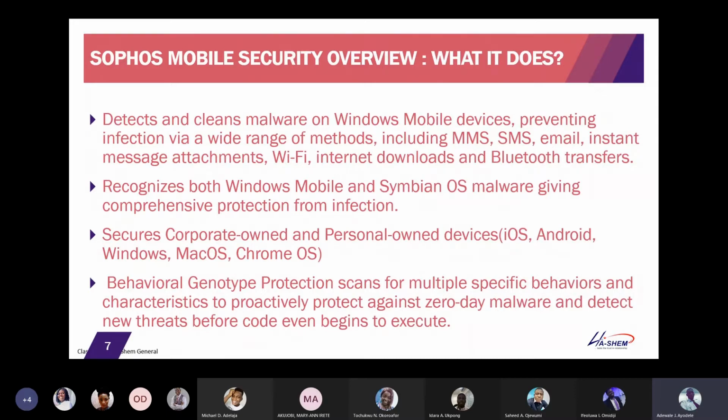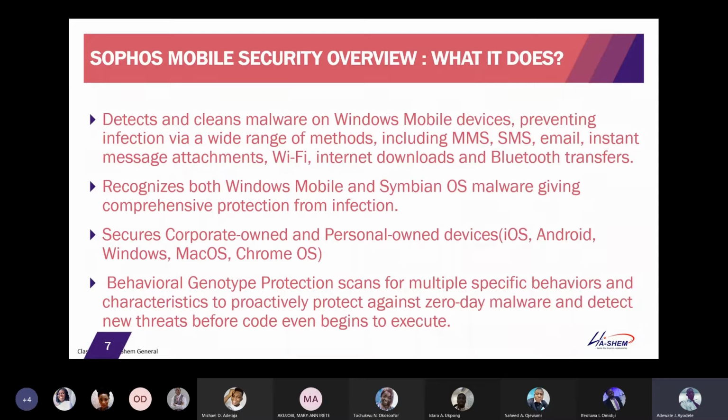And lastly, we have this particular protection, the behavioral genotype, that makes it unique, that scans for unique behavior. Basically how it works is it scans for some particular behaviors, some particular traits, in your devices.